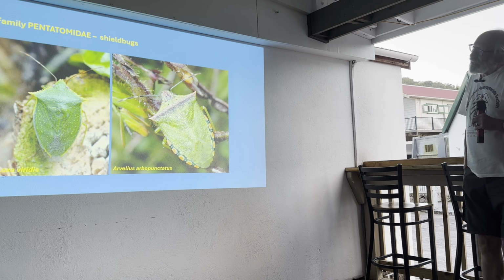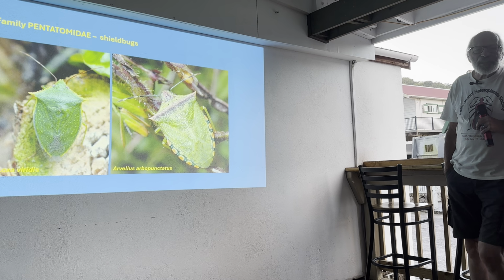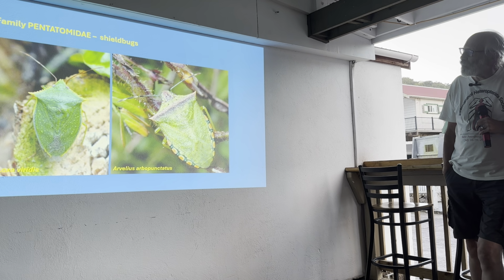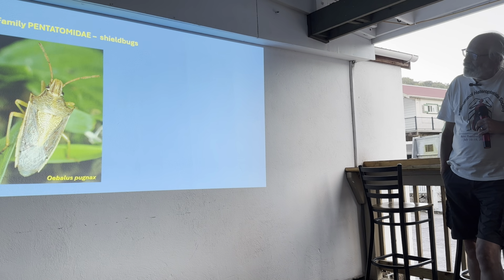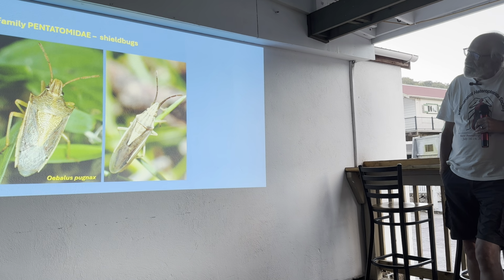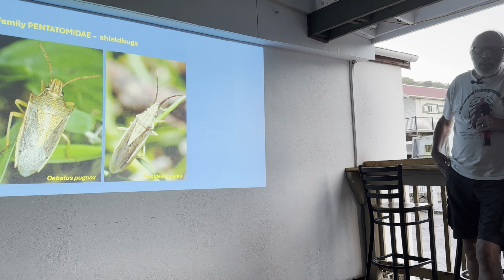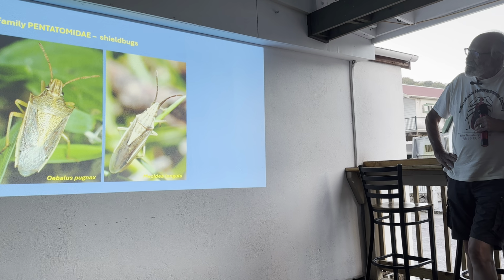Well, you have all kinds of shield bugs here on the island, all different forms. Next one. Another representative of the same family, here Mecidea longula, a species that lives only on grasses. Next one.